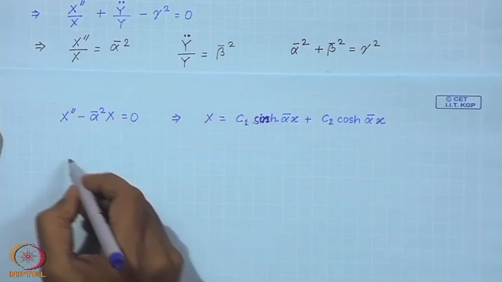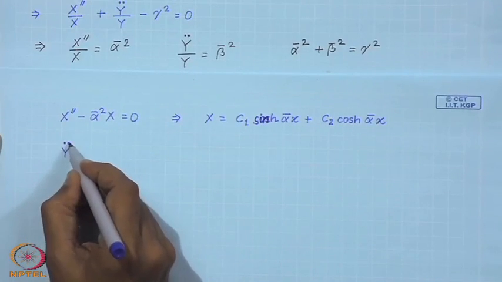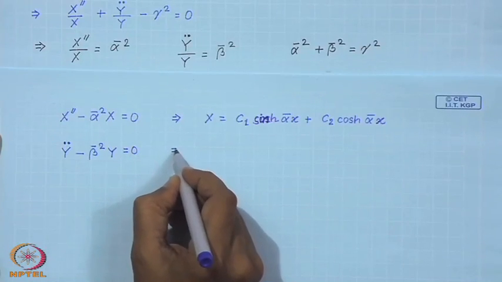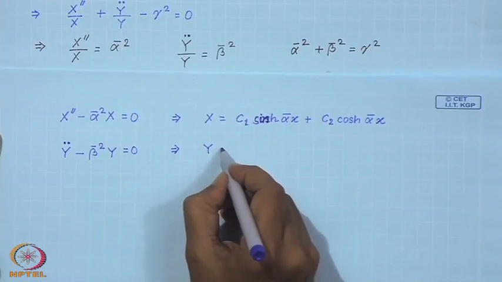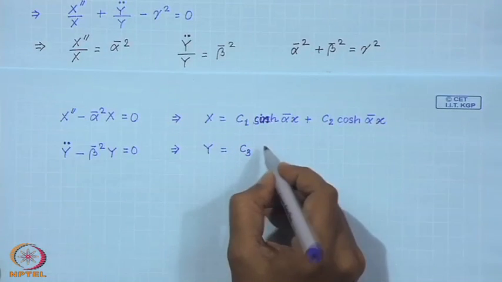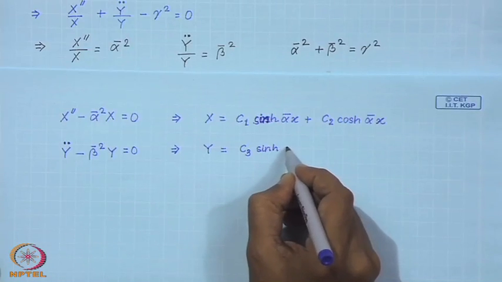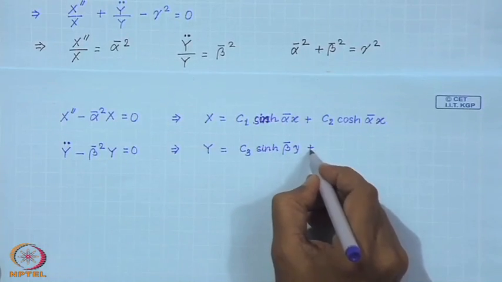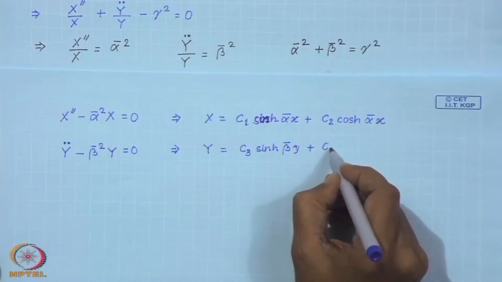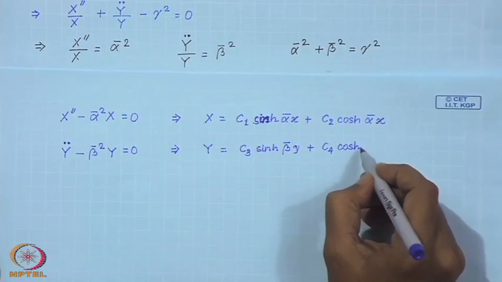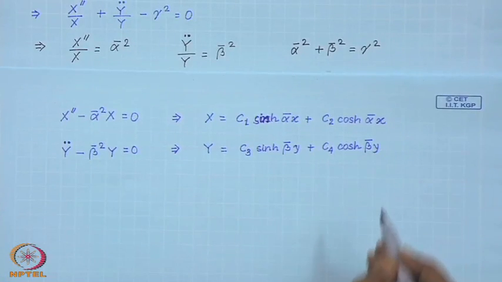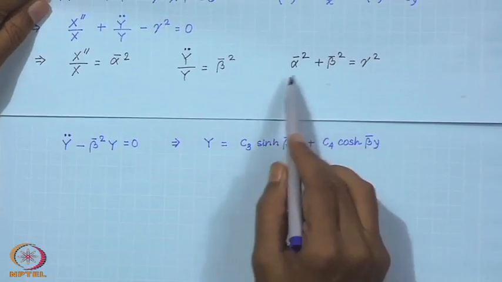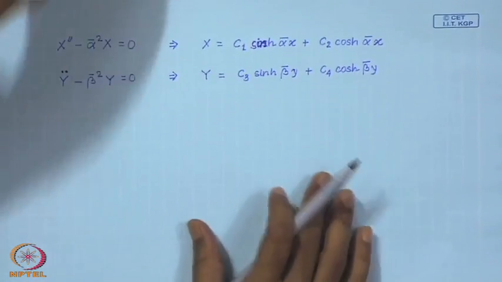similarly from the second equation, so the solution of this can be written as C 3 sine hyperbolic beta bar y plus C 4 cos hyperbolic beta bar y, and of course, this with the condition that alpha bar square plus beta bar square is equal to gamma square.